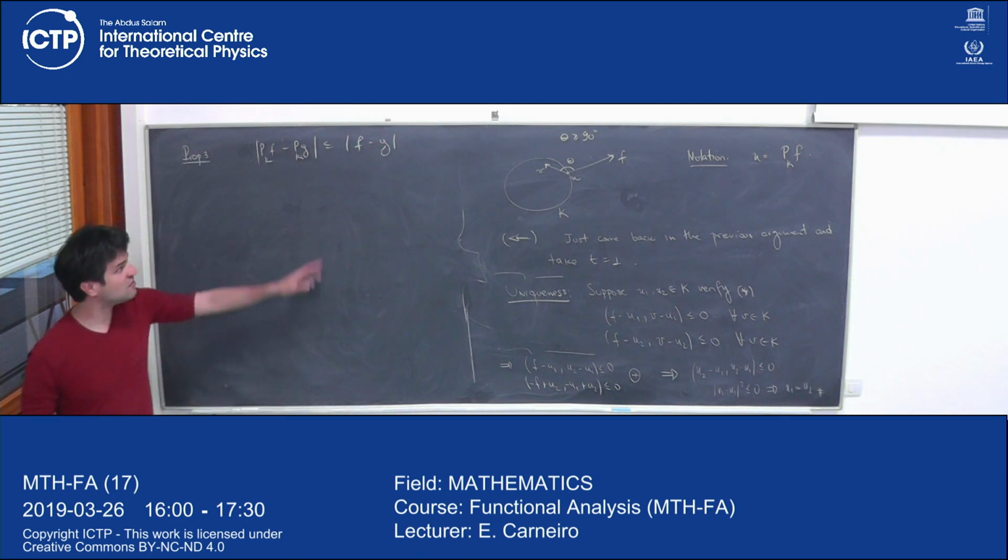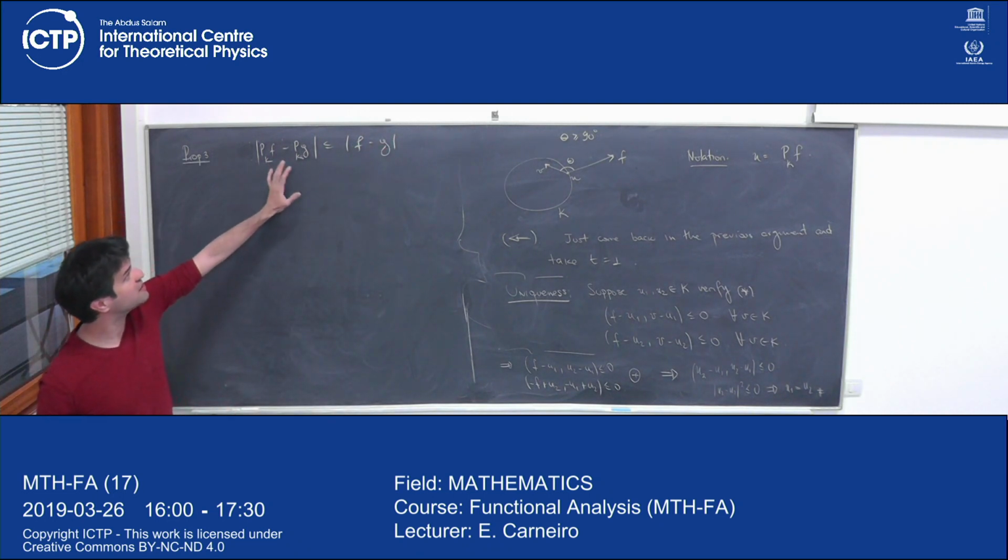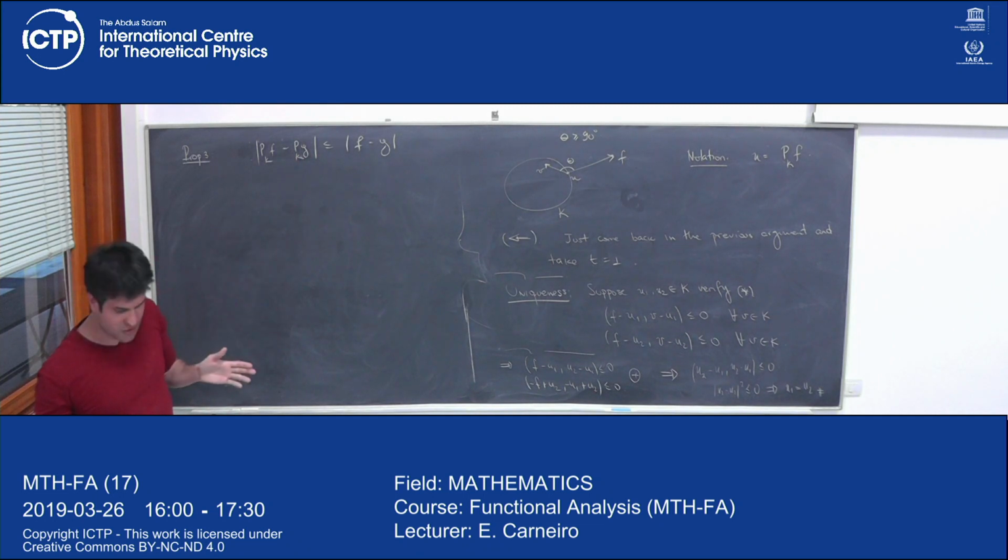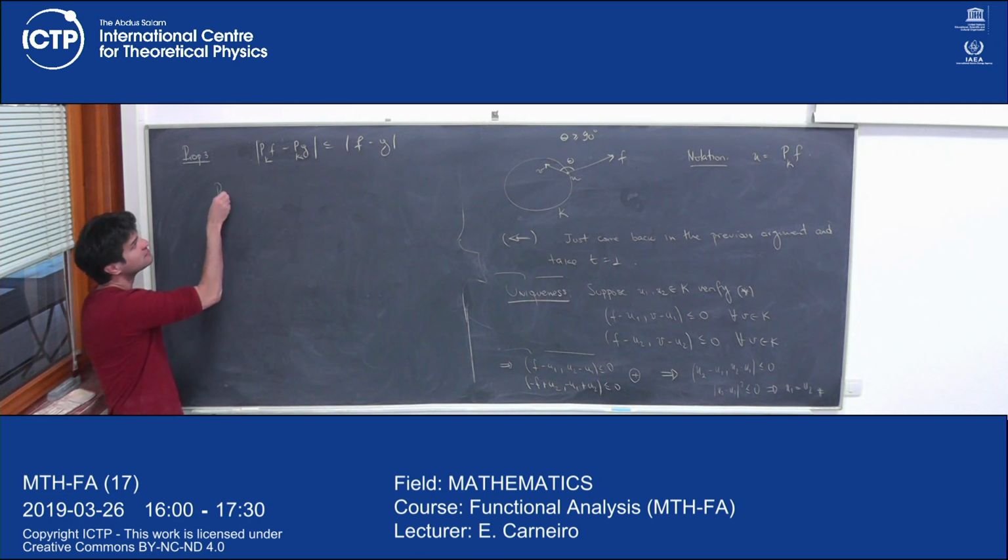So if you project two points into a convex and closed set, these projections do not increase the distance. Is that reasonable? That looks reasonable, right?